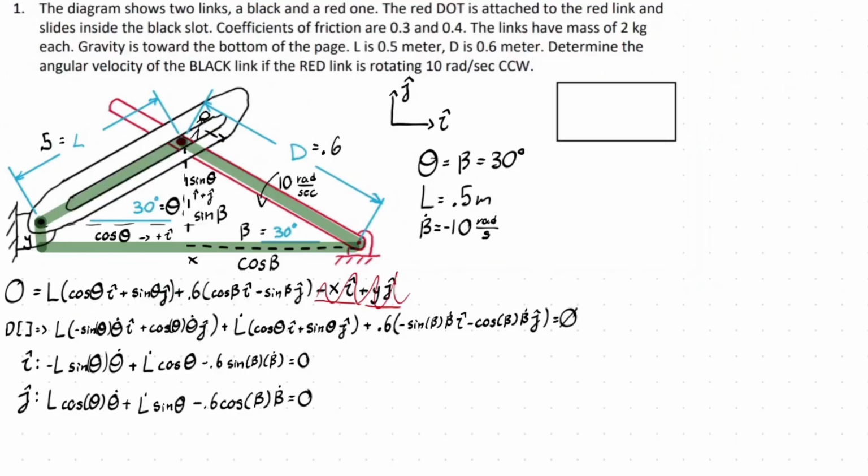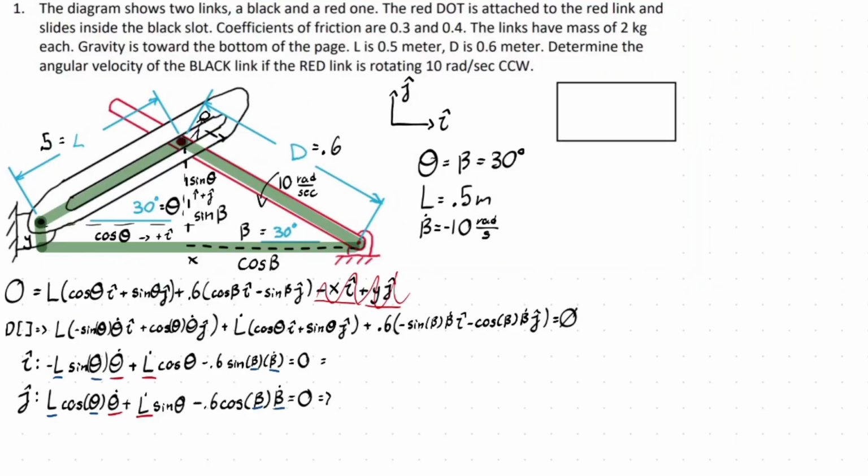Okay, so I have all these values. Let me see what I know versus what I don't know. I know L, theta, beta, and beta dot, and I don't know theta dot or L dot. So I have two unknowns and two equations. Perfect. Now we can rewrite this and then use algebra.